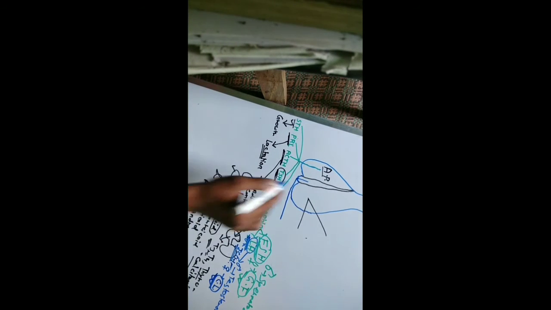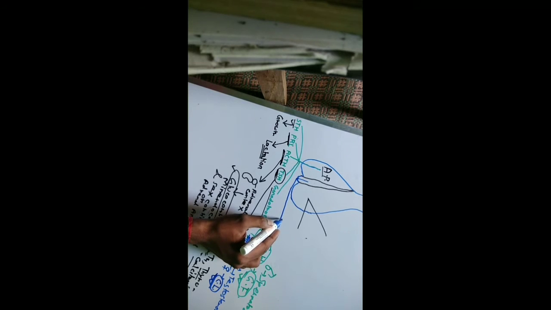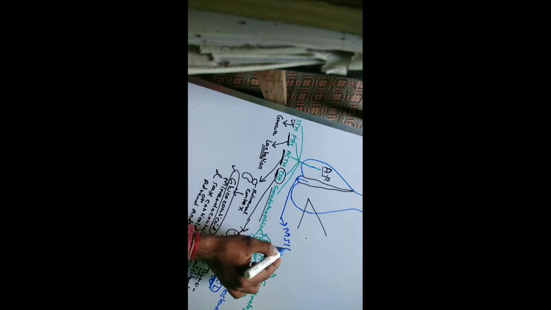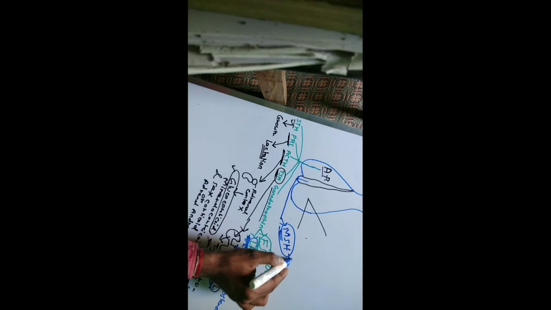Now, from the intermediate lobe of pituitary, melanocyte stimulating hormone is secreted. What is the role of melanocyte stimulating hormone? Its function is to form the melanin, but it occurs in amphibia, reptilia, and it is rudimentary in mammals.